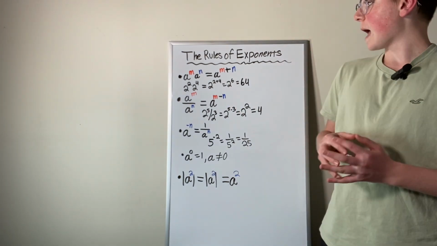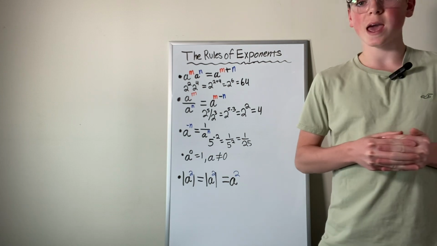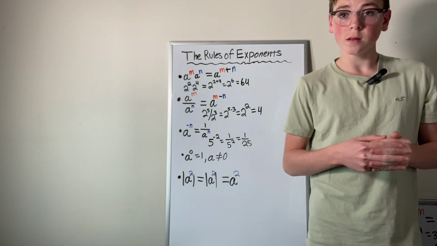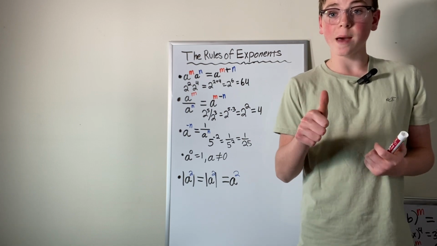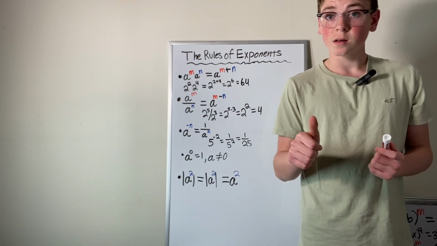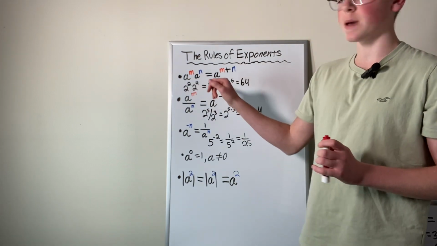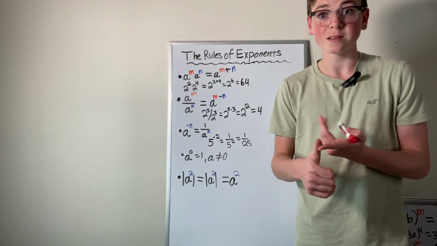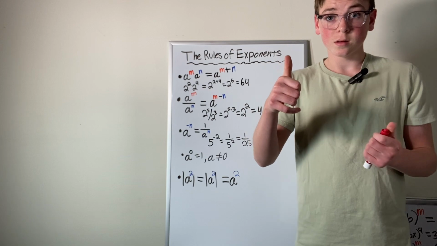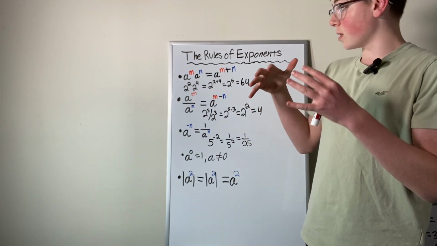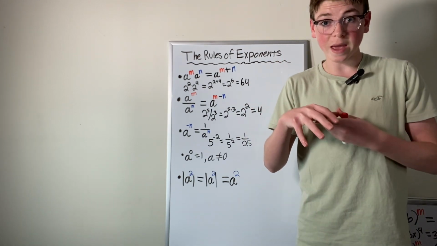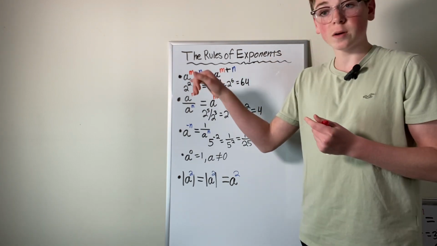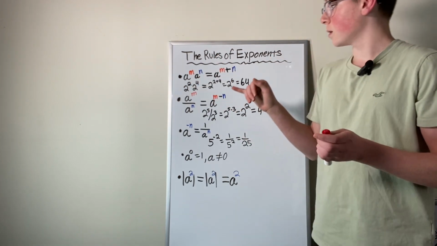So the first one, a^m times a^n equals a to the power m plus n. So this means if you have the same base to a power times the same base to a power, then that equals the base to the power of the first power plus the second power.